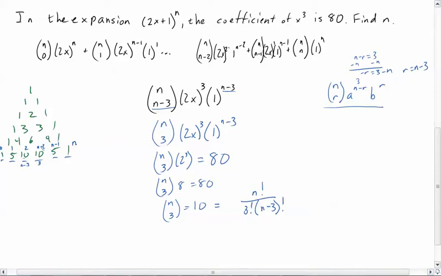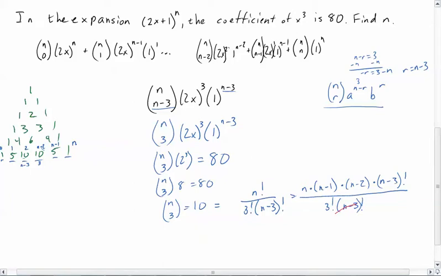So I'm going to take the top and I'm going to rewrite it. So this is going to be n times n minus 1 times n minus 2, and it just keeps going. But instead of keep going, I'm going to stop at n minus 3 and just say, okay, times n minus 3 times n minus 4 times n minus 5 all the way, all over 3 factorial times n minus 3 factorial.